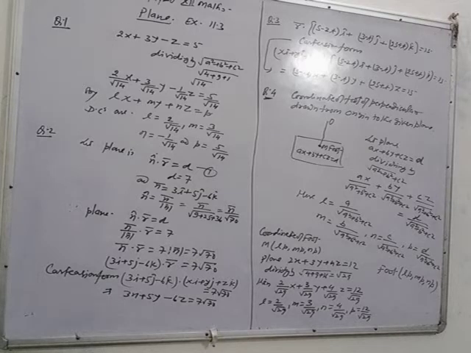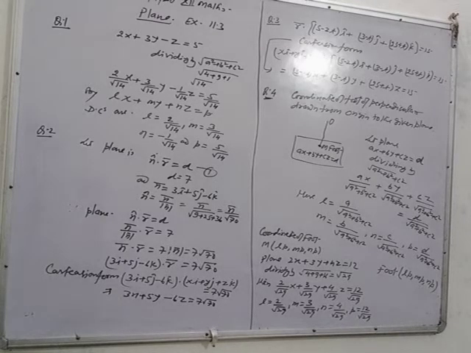Now vector n is given, so putting the value of vector n, 3i plus 5j minus 6k dot r is equal to 7 root 70. This is applying the formula n cap dot r is equal to d. Now to change into Cartesian form, write xi plus yj plus zk in place of r and take the dot product.